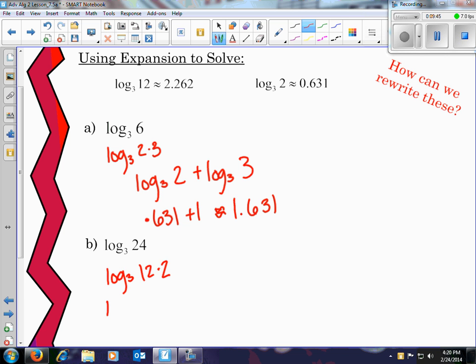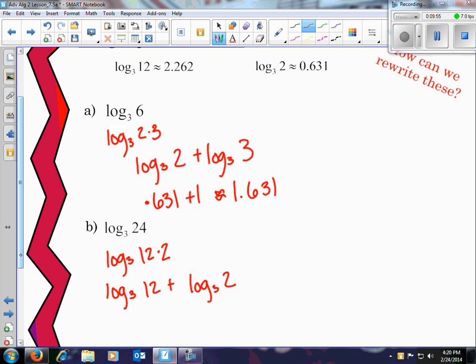So I have log base 3 of 12 plus log base 3 of 2, and they told me both of these, so log base 3 of 12 is 2.262 plus log base 3 of 2, which is 0.631. And these added together is approximately 2.893.